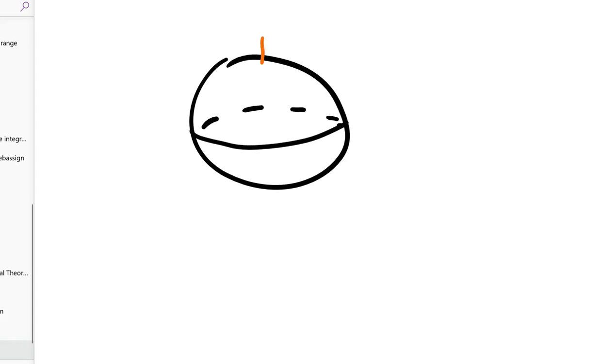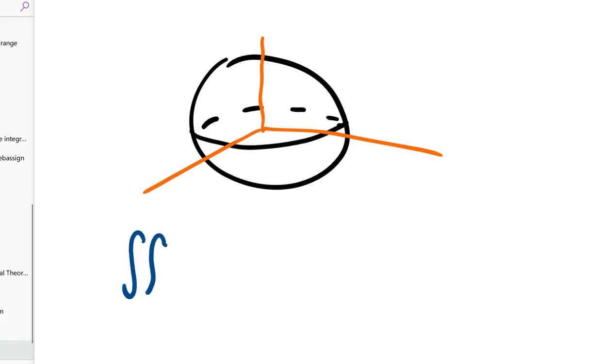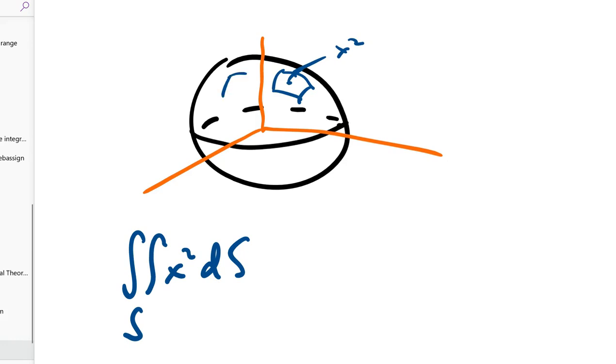You have a unit sphere, and we're performing the double integral of x squared dS over the sphere S. You take a little piece of your surface and find x squared there, whatever the x value is, and add that to other pieces of your surface, finding out what x squared is, adding all these up.